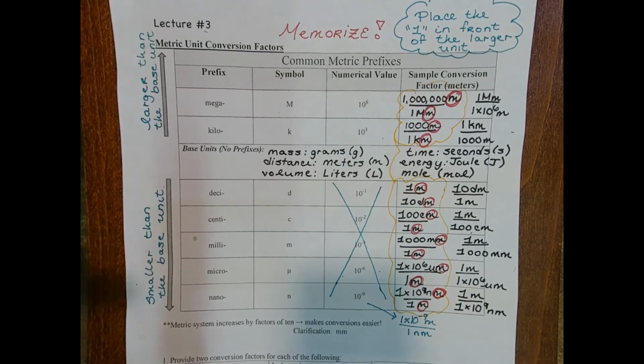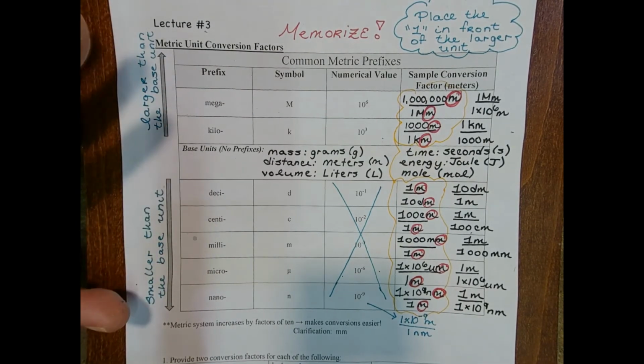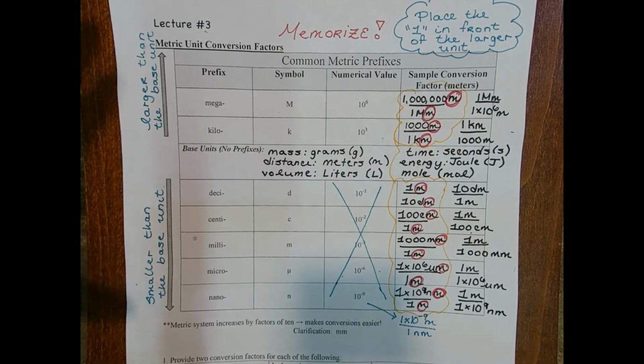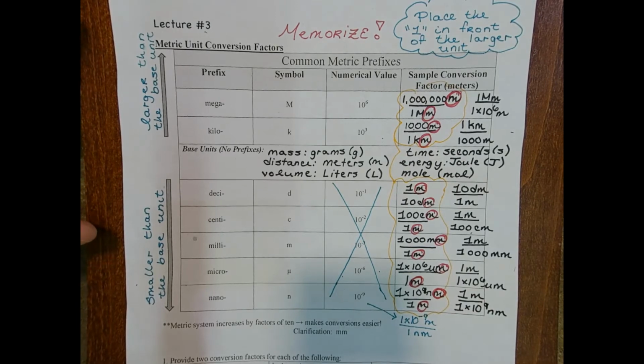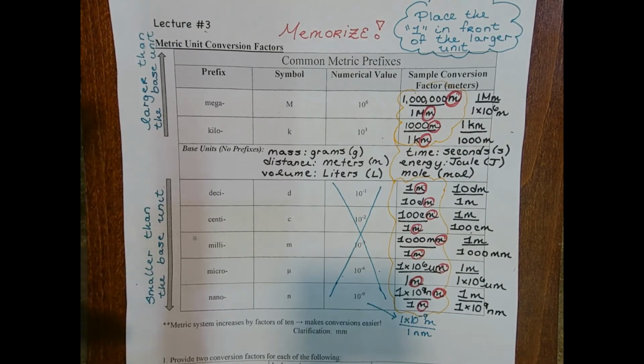Also, I know that you can sit there and have these notes available when you take your quizzes, but you're going to have to have this memorized for all of your science courses. So I highly, highly encourage you to memorize this. It's just basic knowledge when it comes to science.